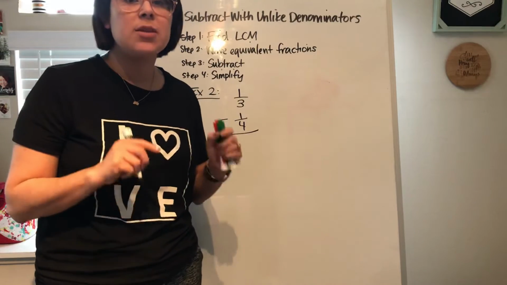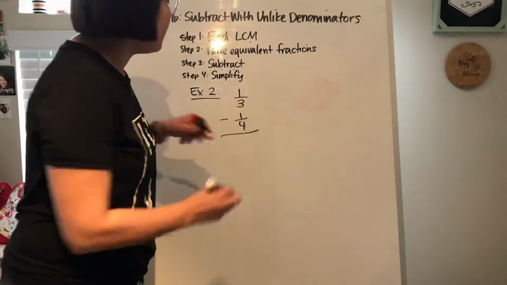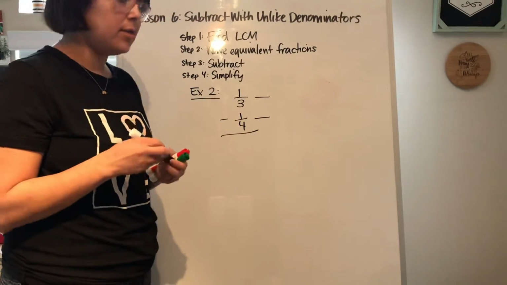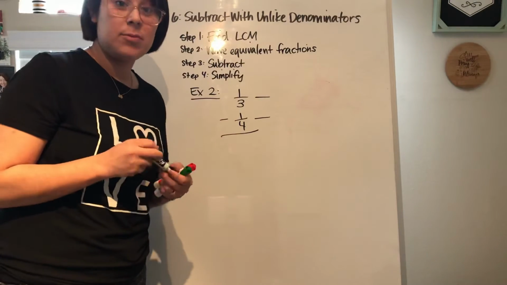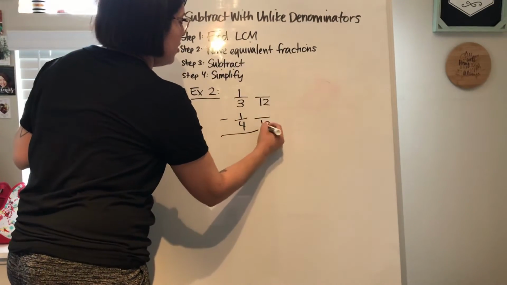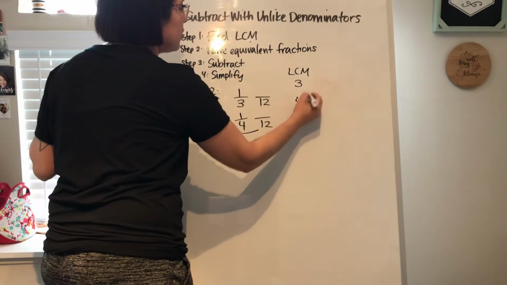All right. Think in your head. What is going to be the first matching number? What's going to be the LCM of 3 and 4? Okay? Try to think in your head. I think it's going to be 12. Let's see if I'm right. List out my 3's and list out my 4's.